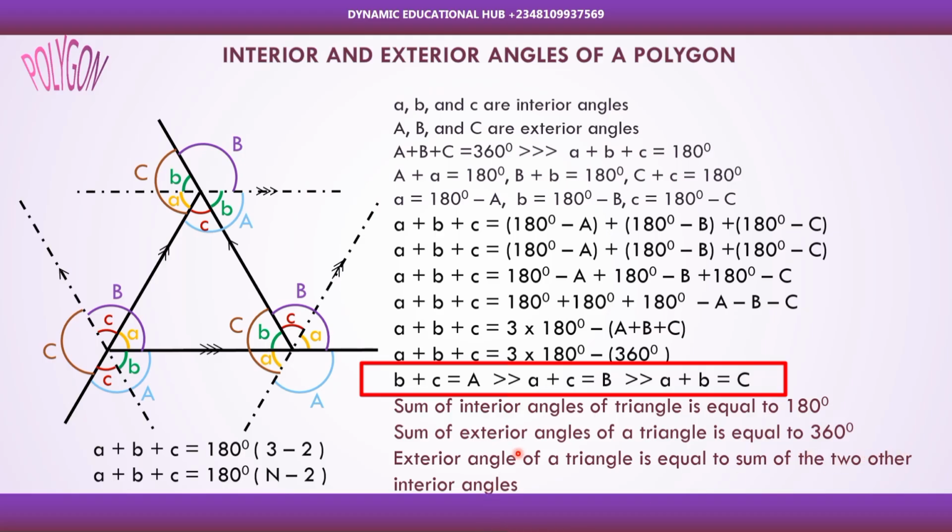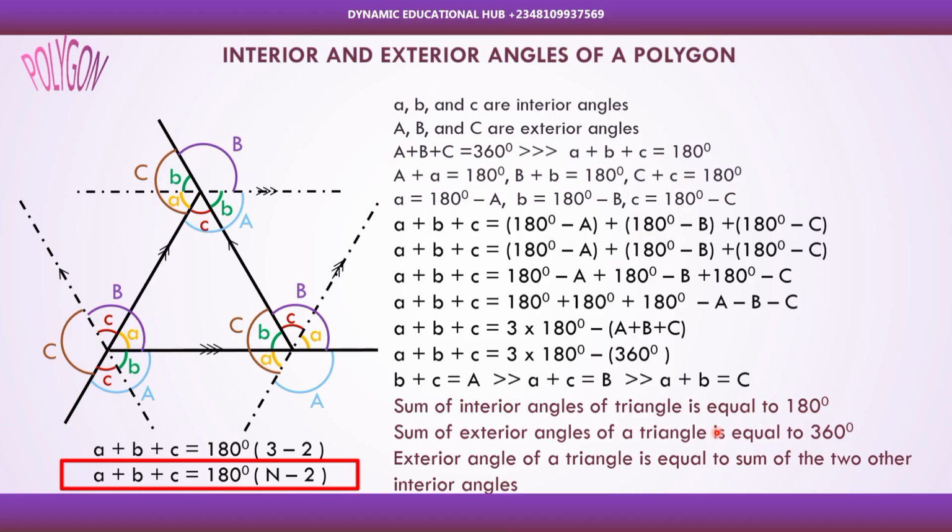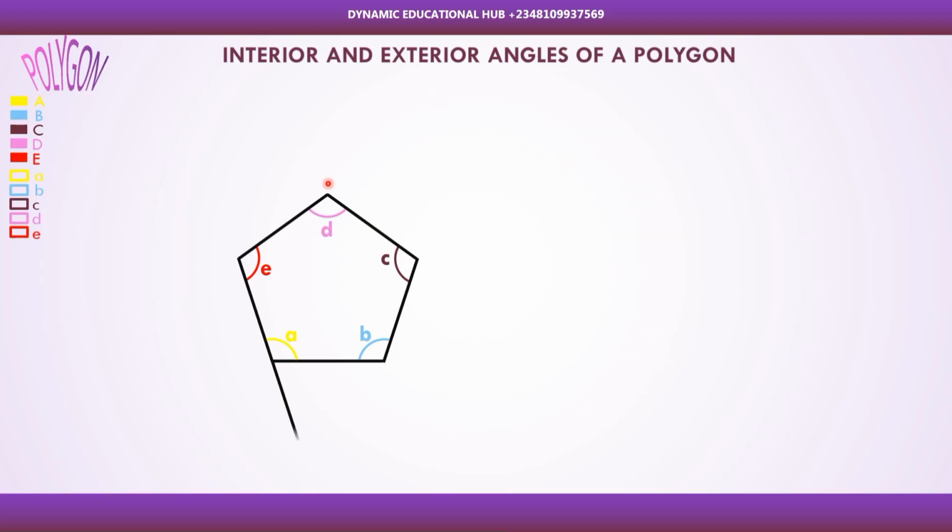We have seen that, I'm talking about this expression that I explained earlier on. We've also derived a formula: the sum of interior angles of any polygon is equal to 180 degrees open bracket n minus 2. And this formula still needs further proof.